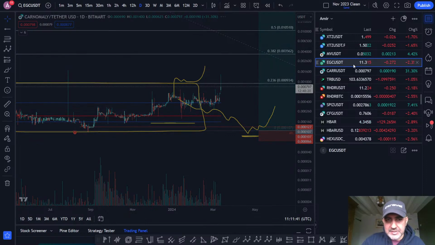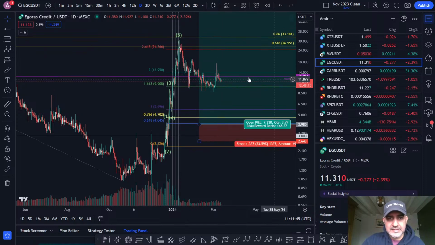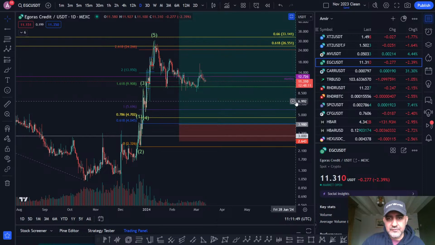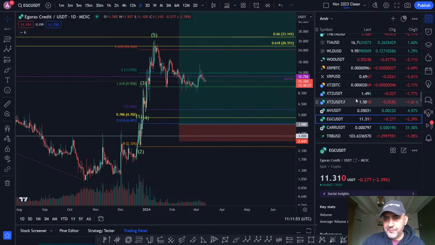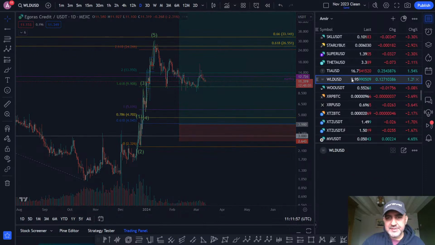Look at this EGC. Well, the EGC hasn't gone anywhere since it hit the golden pocket. It's just consolidation. This one's annoying.